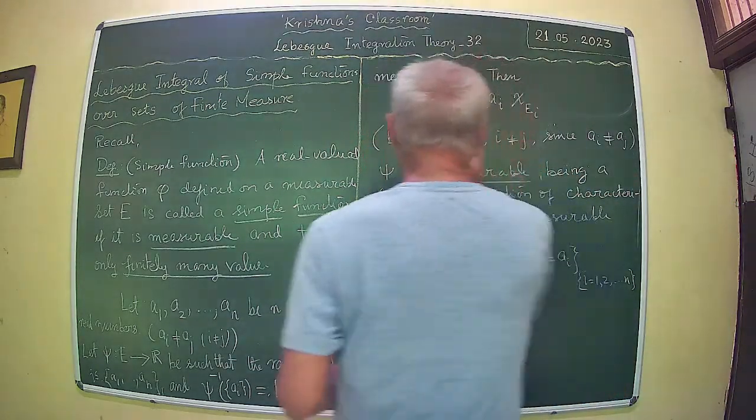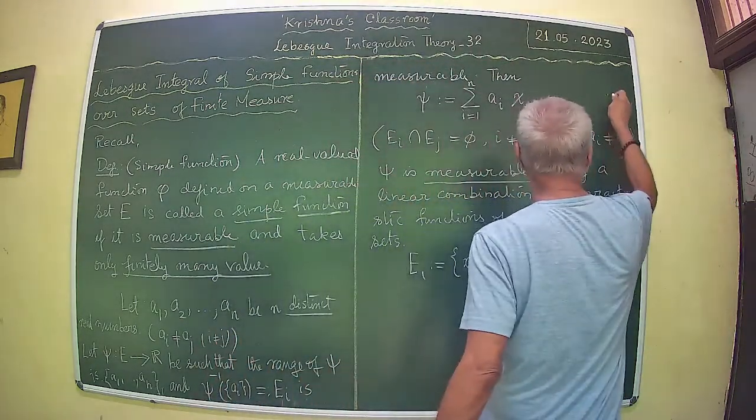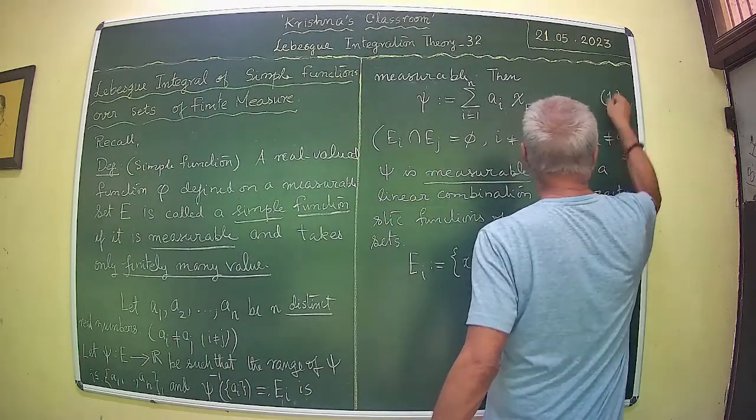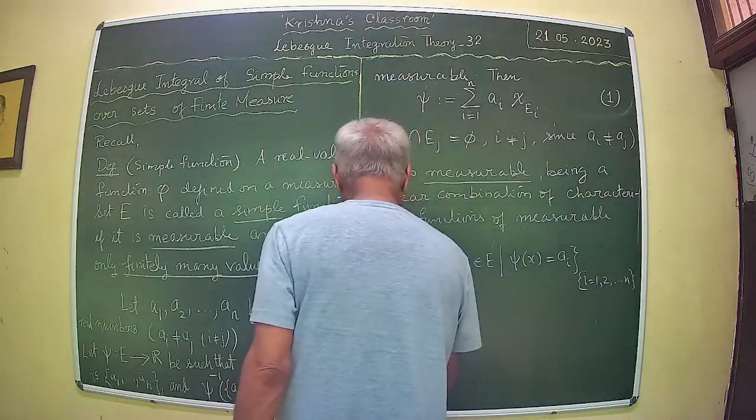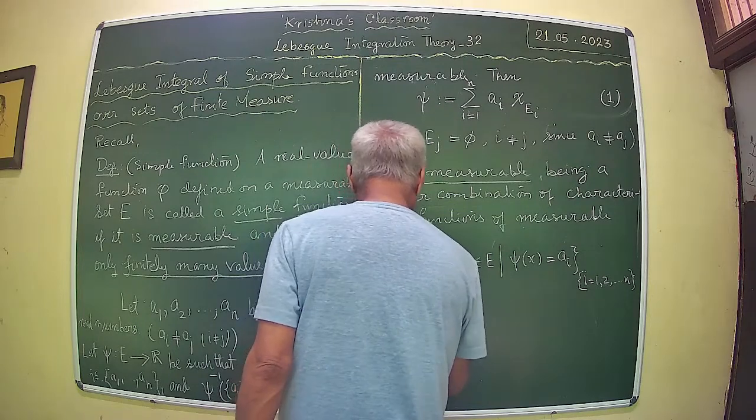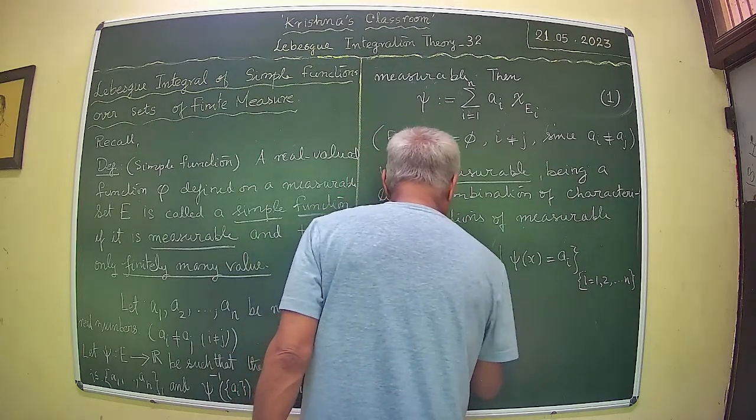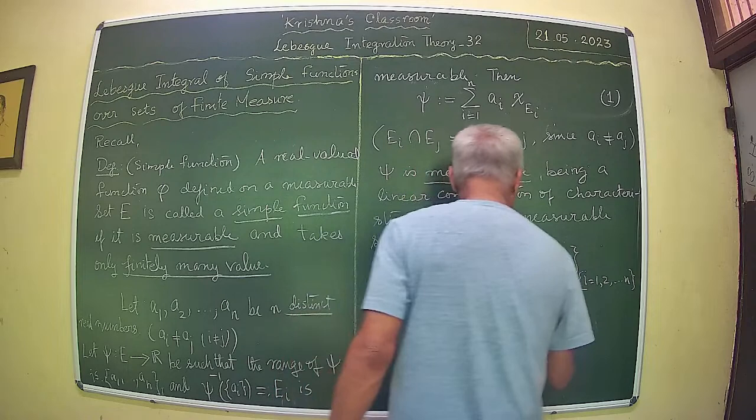Now this representation of psi is called the canonical representation.